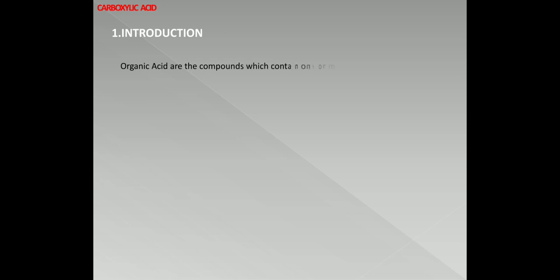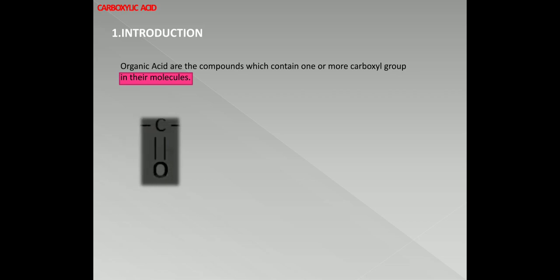Organic acids are the compounds which contain one or more carboxyl groups in their molecule. This carbonyl group is what? Carbon double bond oxygen, and the carboxyl group is what? Carbon double bond oxygen plus OH.